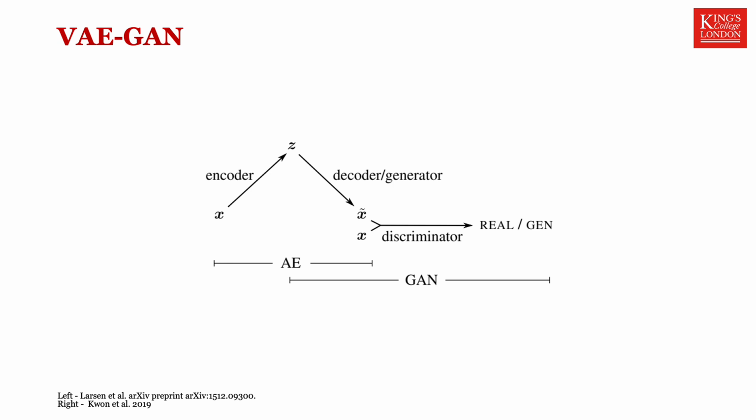If you now have what is called a variational autoencoder GAN, you're just adding the discriminator at the end. We're taking X and feeding X to the discriminator again, and we want the discriminator to be able to find differences between X and X tilde.